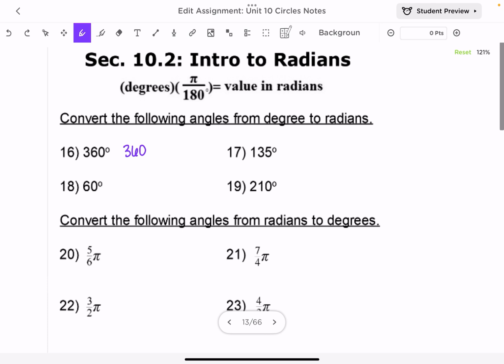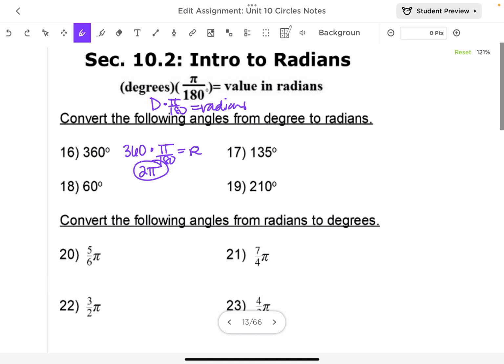Remember, we have D times pi over 180. That's going to equal our radians. That says that up there. So I have 360 times pi over 180 is equal to my radians. That would be me doing 360 divided by 180, and that gets me 2 pi. So you see there, we divided by 180.